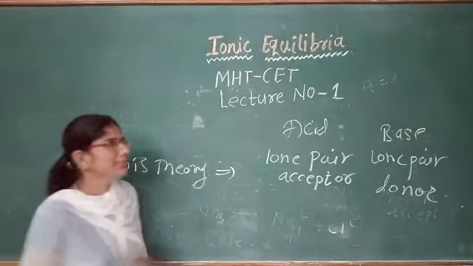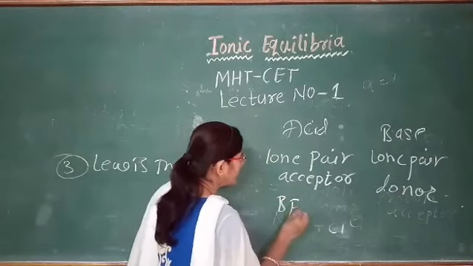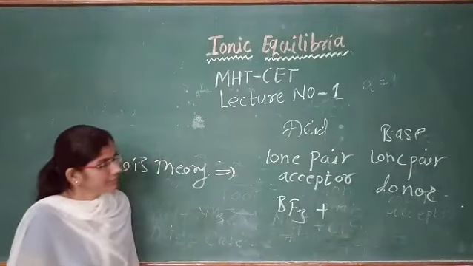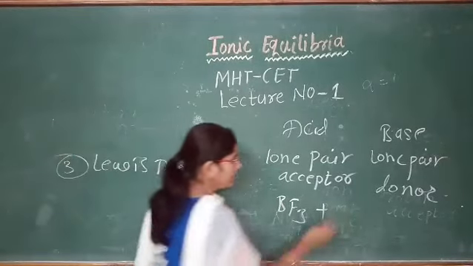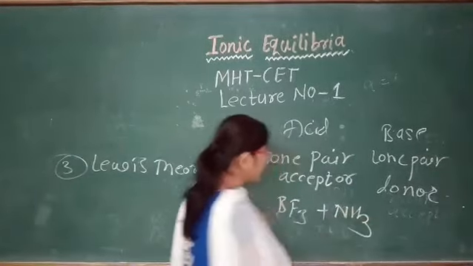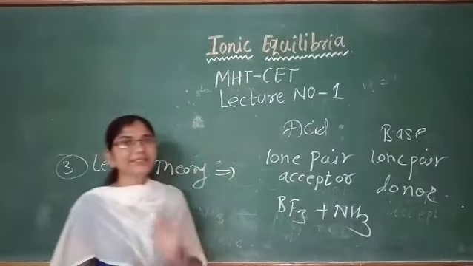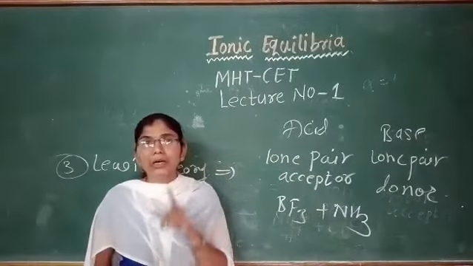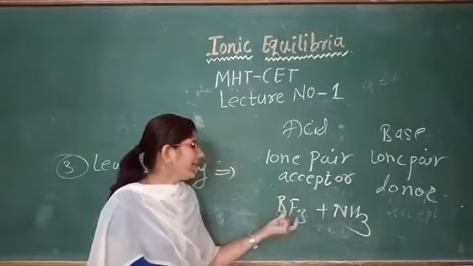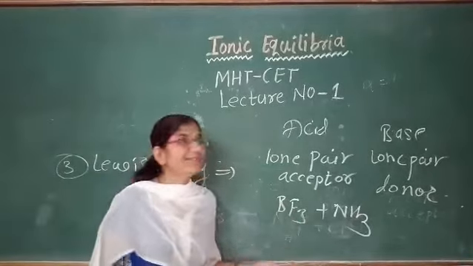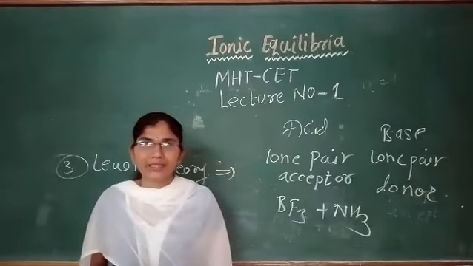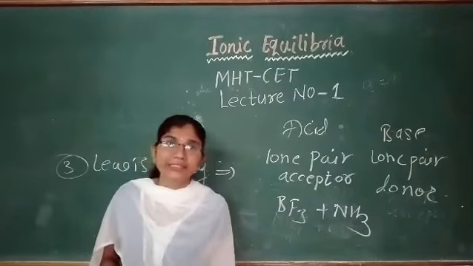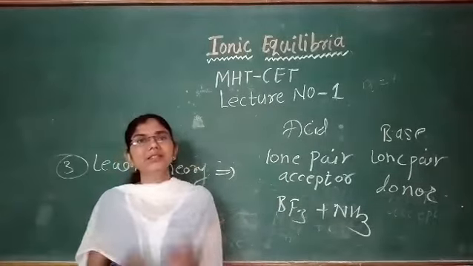For example, if we consider BF3 and NH3, according to the Lewis theory BF3 is a lone pair acceptor because boron in the fluoride has an incomplete octet, so it needs electrons to complete the octet.